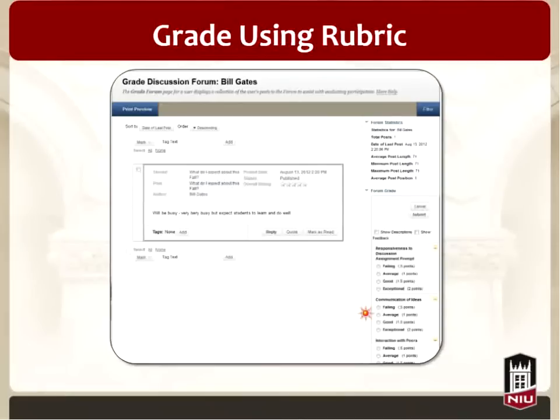So this particular rubric is for a discussion forum. It will look somewhat similar, somewhat different depending on the assignment that you have. In this screenshot, this is a discussion post from a student, and from an instructor standpoint, I'm going in to grade this discussion board using the actual rubric that was applied.